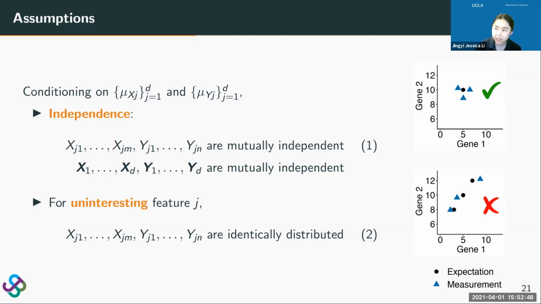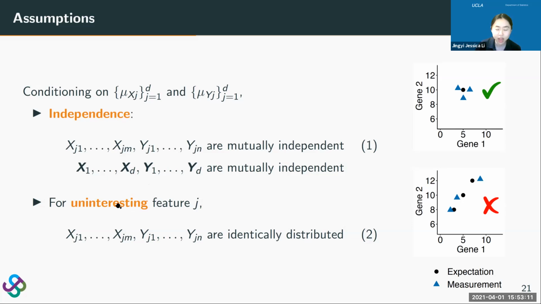If that's the case, then we need some batch correction in the beginning. That means we need to adjust the 3 samples, 3 replicates, so that the same gene has the same mean, same expectation in the 3 samples by aligning the data, and then apply our procedure. So this is one way to explain what the independence means.